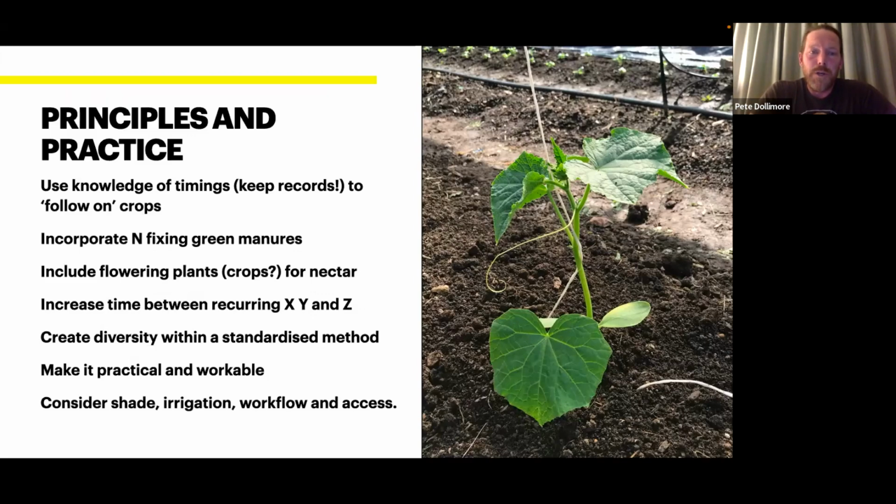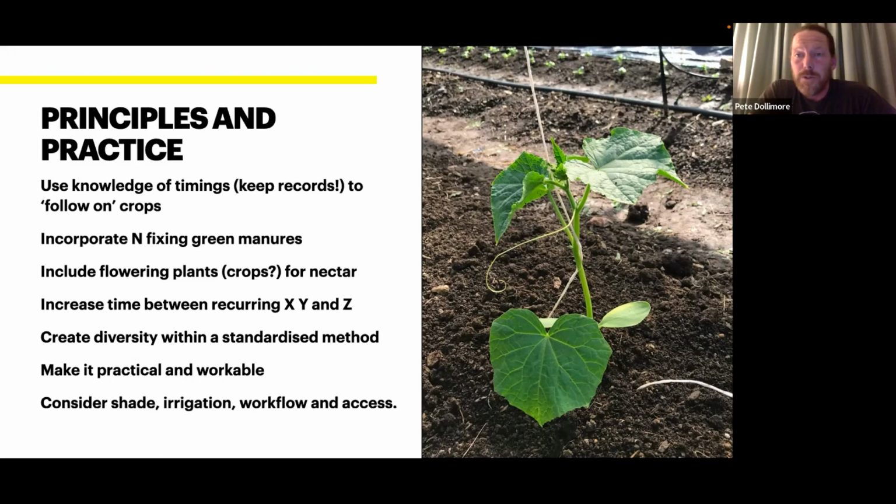But the basic principles that you're looking at with these rotations are knowledge of crops, timings, keep records, and try and keep one following on from the other in a protected system. Try to incorporate nitrogen fixing green manures, and we'll look at the rotation in a moment to see where they fit in.